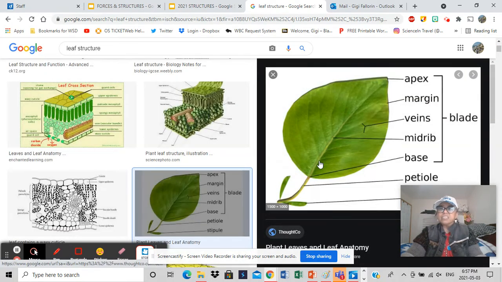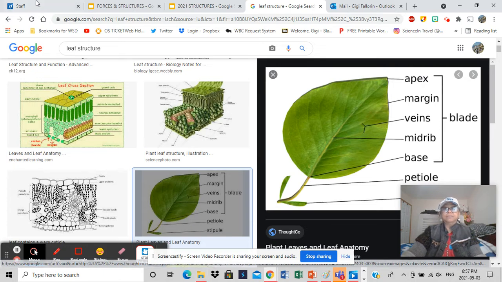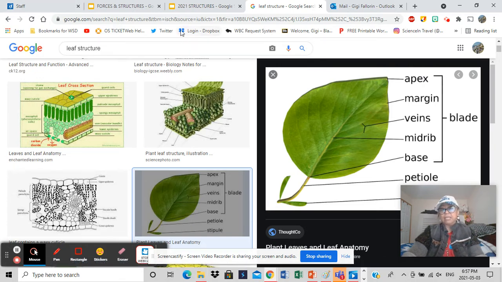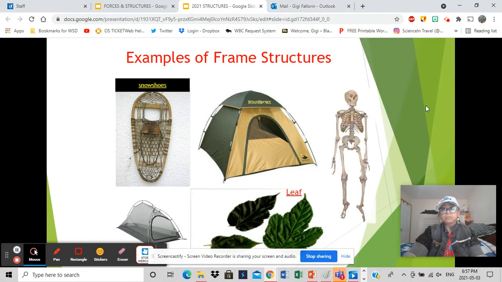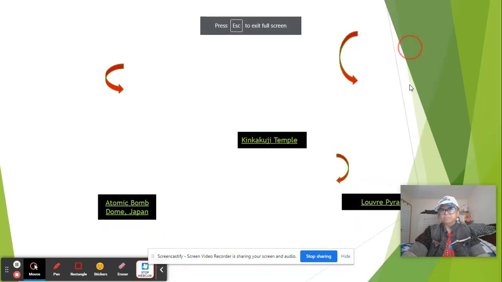It's the midrib, this one, that provides the skeleton for the frame structure, right? Or the entire blade would provide the skeleton for the leaf or the leaves. That's what makes it a frame structure, right? So, a skeleton, our own skeleton, is a good example of a frame structure.